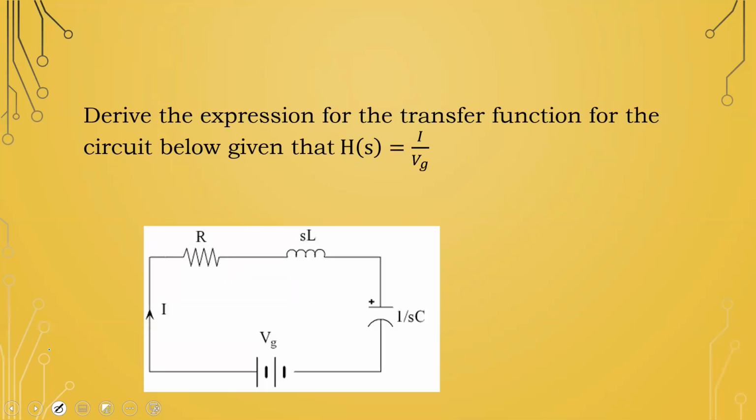Derive the expression for the transfer function for this circuit, and the transfer function is defined here as I over VG, VG being the source and I being the circuit current.